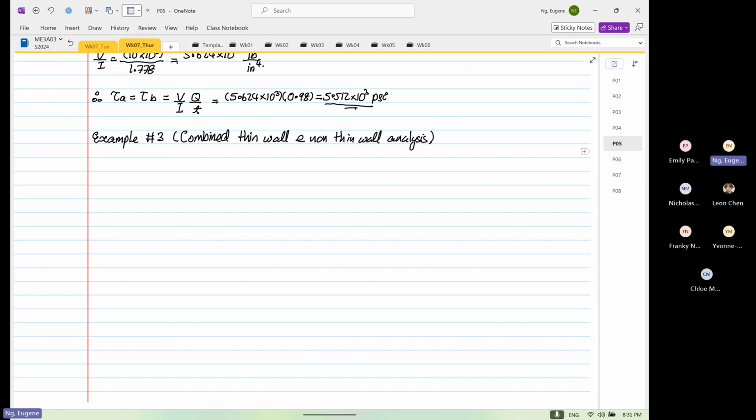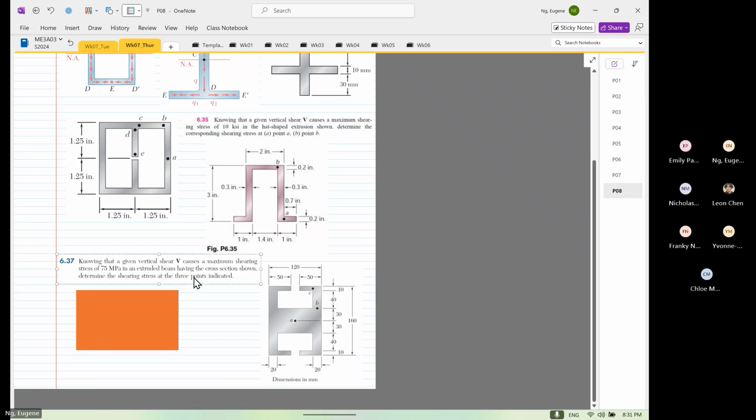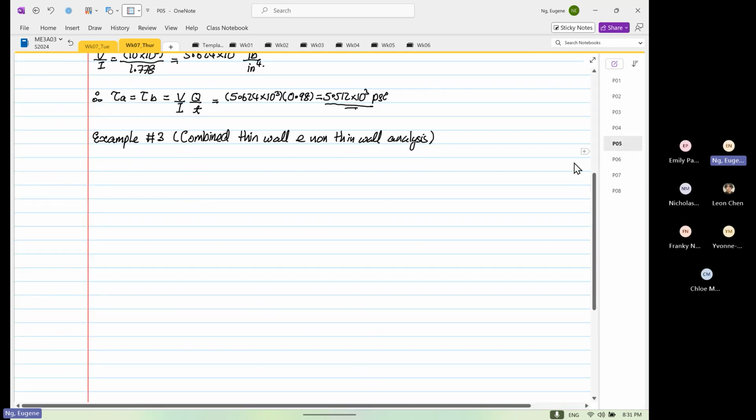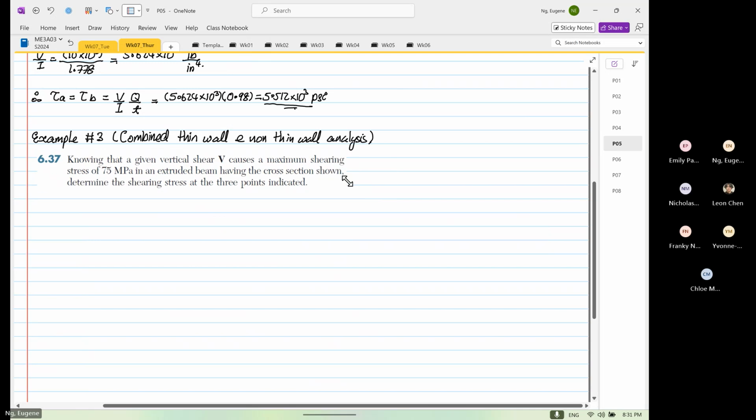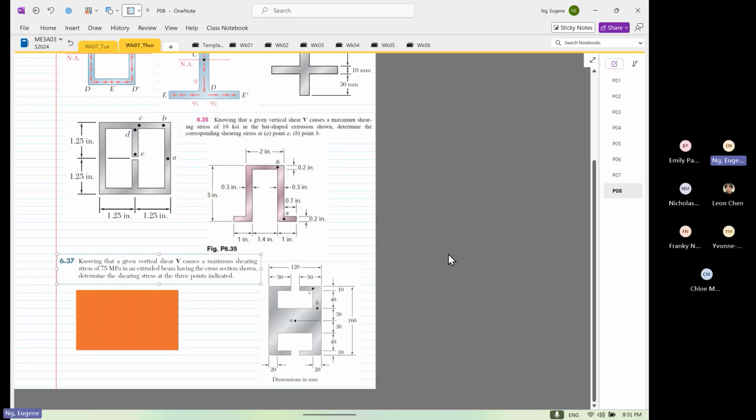Okay, it's a combined thin wall and non-thin wall analysis. So let me fetch the problem. Again, this has to do with Q over T ratio. Same approach.